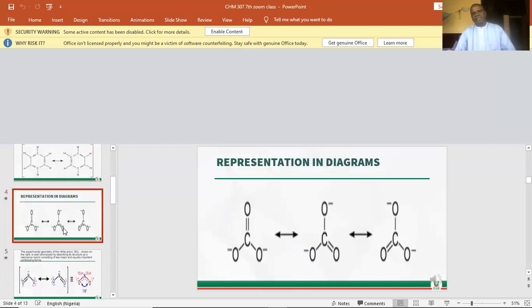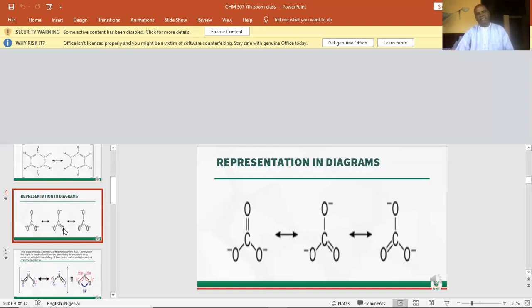Another example is in this diagram that we can see in the carbonate structure. In the first one, the double bond is on top of the carbon. In the second, the double bond is on the right of the carbon. In the next one, the double bond is on the left of the carbon. Or if we look at it in terms of the negative charges, the position of the negative charges continues to alternate.